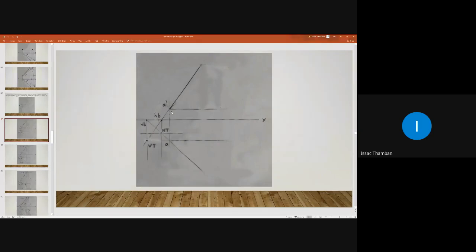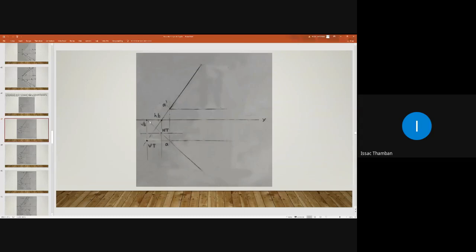Any doubt in this? We are proceeding in the reverse direction. Any doubt? No, sir. Okay. So VT and h are connected using a straight line. We are extending that, and it is intersecting the first end projector here. That is marked as A dash.